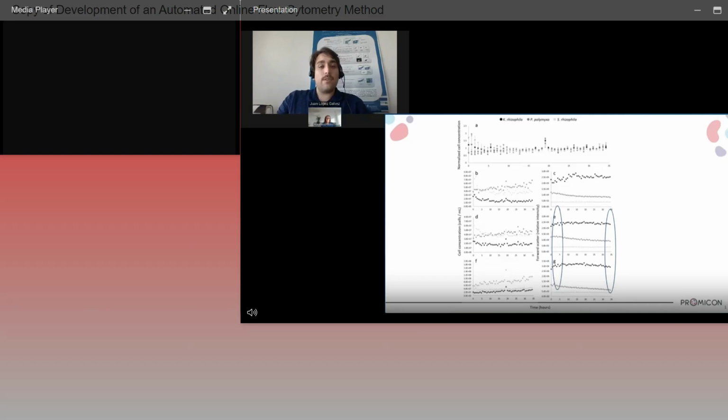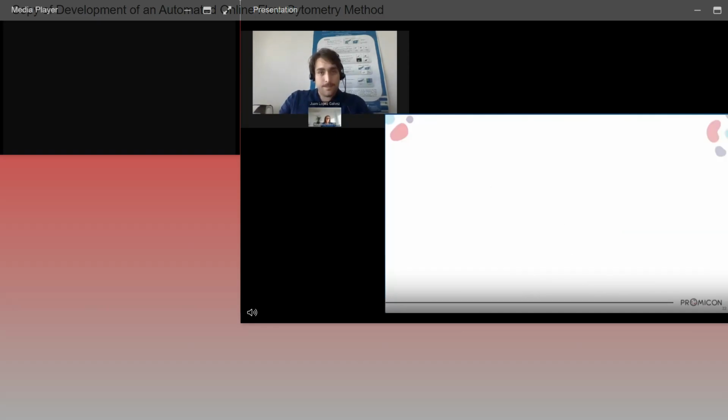So we were wondering why this change: why this increase in cell concentration and decrease in forward scatter. Our main hypothesis was that because polymyxa tends to form clusters of cells, these clusters are separated by physical forces as the sample is stirred and time passes by.